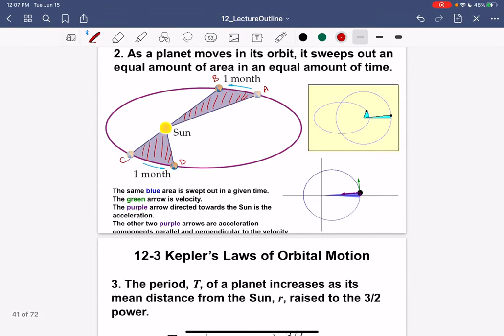If we assumed circles, the object would move in uniform circular motion and its speed would be constant. But here the speed is changing, and the object moves faster when it is closer to the sun than when it is far.